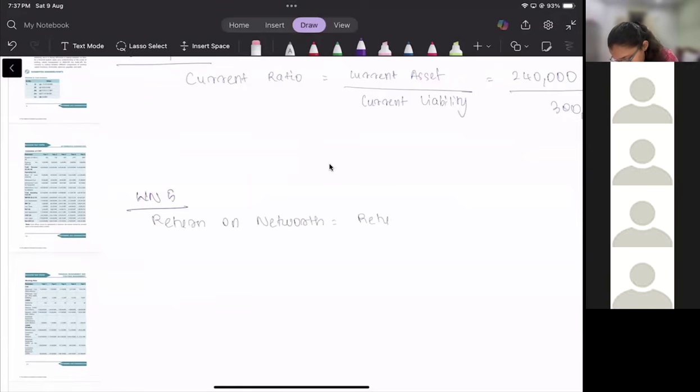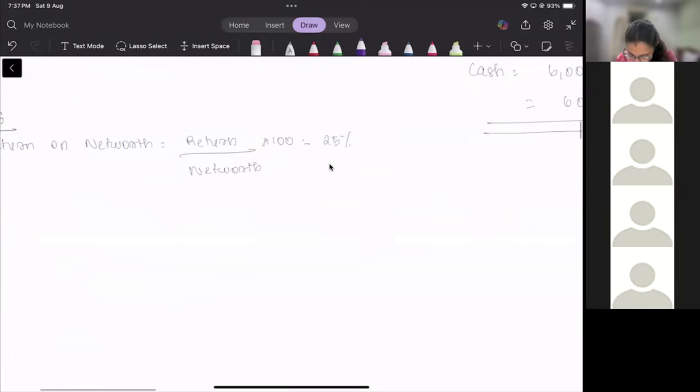What is the formula? Return by net worth. How much is given as return on net worth? 25%. Return we already know. We have found out the return, right?